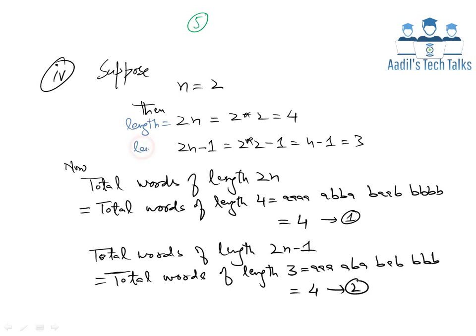Now the second length selected is 2n minus 1: 2 twos are 4 minus 1 means 3, all the palindromic words whose length is 3. Now the total words of length 4 are 4, and the total words of length 3 are also 4. So hence it is proved that palindrome has as many words of length 2n as it has of length 2n minus 1.